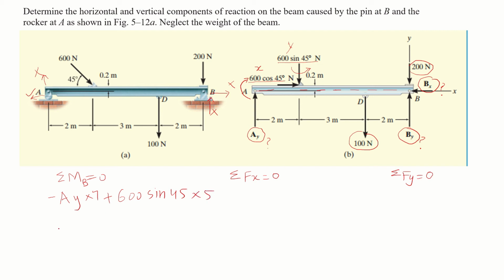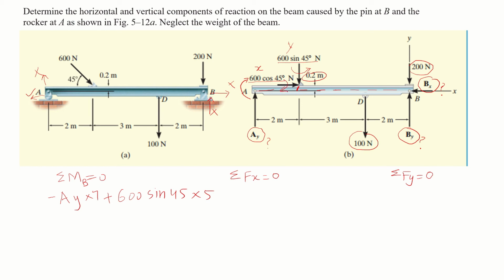The next force is 600 cos 45. Its perpendicular distance is equal to 0.2 meter, as given here, and it will rotate the beam in the clockwise direction.